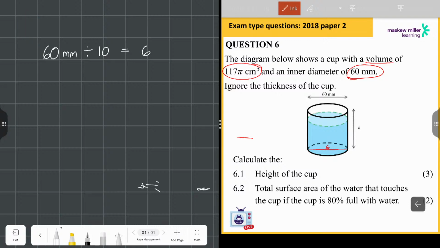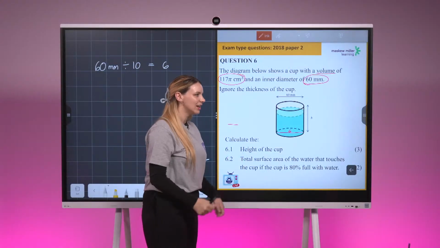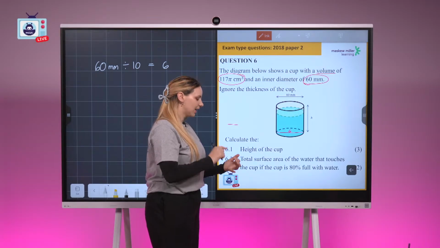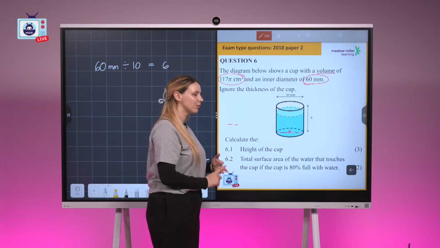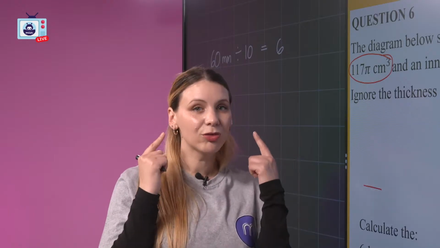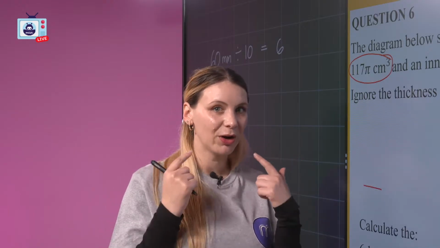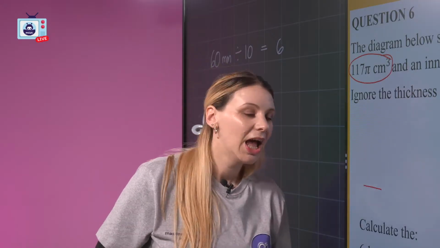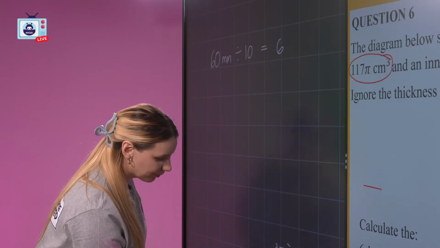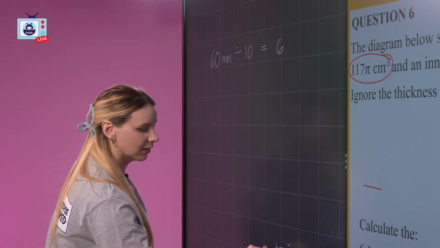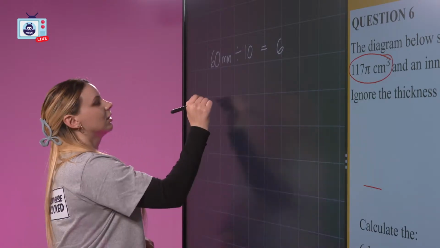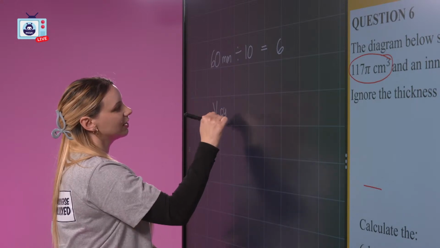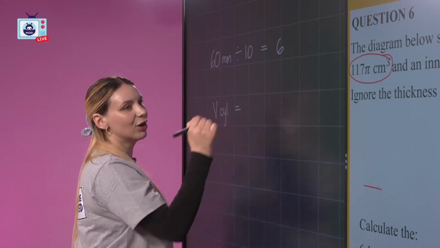But in order to use this question, we know we have the volume of the cup, and the cup is a cylinder. And a cylinder is one of the shapes, like your rectangular prism and triangular prism, where we actually need to know the formula for the volume off by heart. So the volume is 117 pi cubic centimeters, and the formula for volume of a cylinder is equal to, remember what did we say?